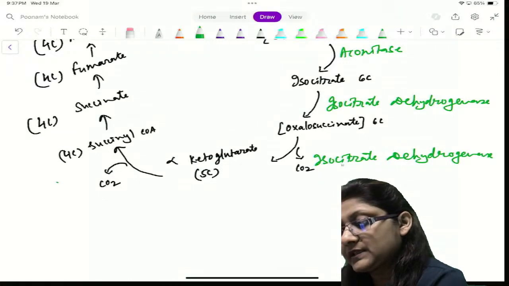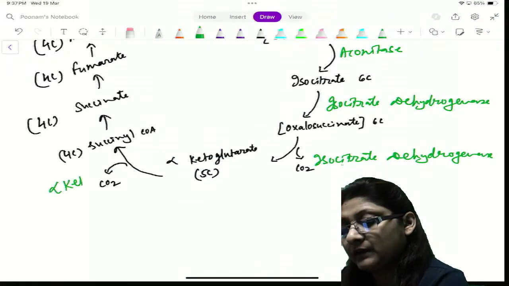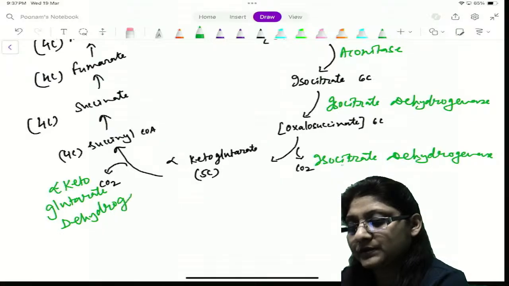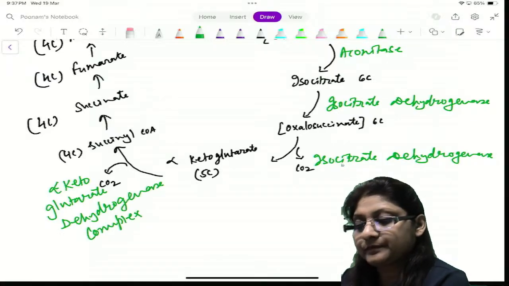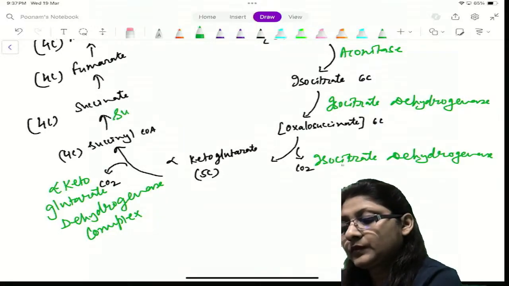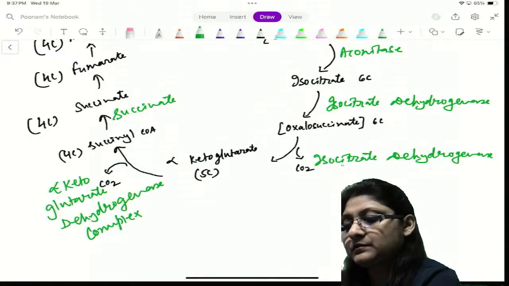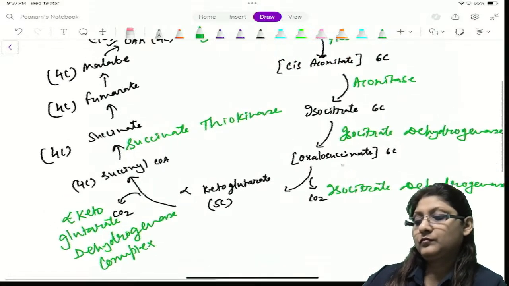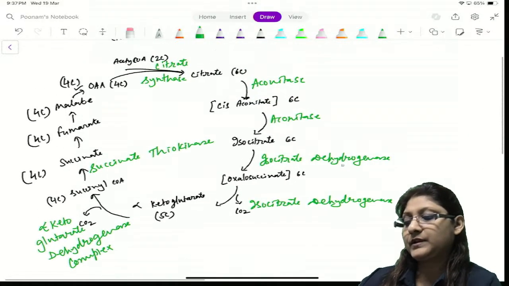So this particular enzyme complex is the alpha-ketoglutarate dehydrogenase complex. This enzyme is succinate thiokinase.